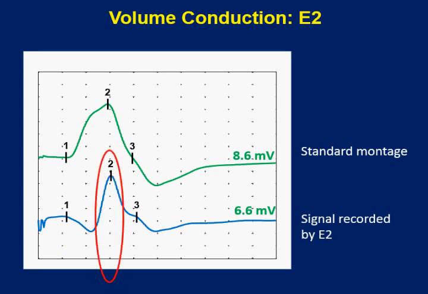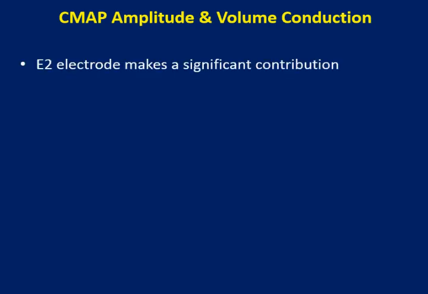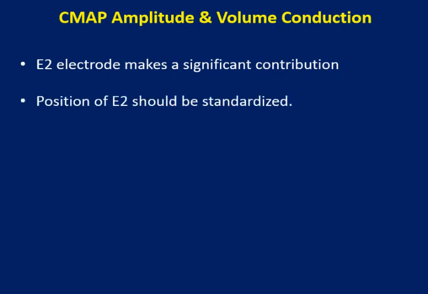Finally, the peak of the compound muscle action potential is defined by the signal from the E2 electrode. Indeed, the E2 electrode has a great influence on the shape and measurements of the compound muscle action potential. Hence, the E2 electrode position should also be standardized in motor nerve conduction studies.